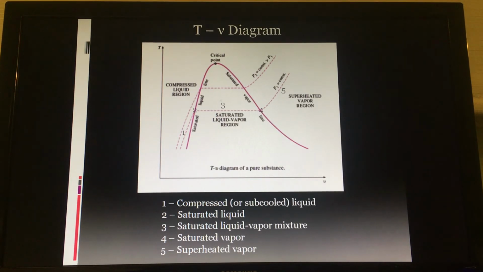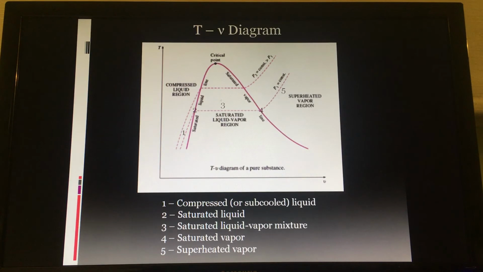Then we get to this point here, the intersection between the saturated vapor line and the dotted line, where we get saturated vapor, which means it's about to condense. Then we continue where temperature increases along this line to point 5, where it becomes a superheated vapor, which means it's not about to condense.